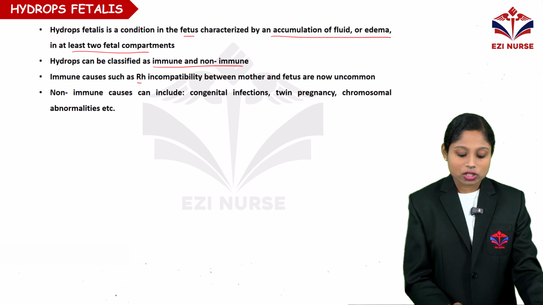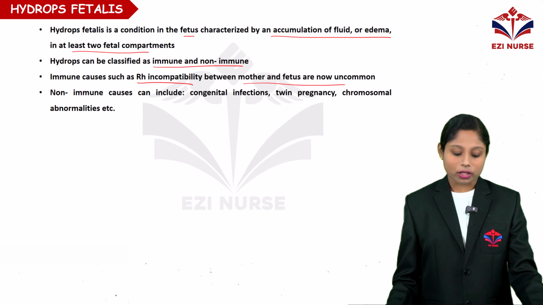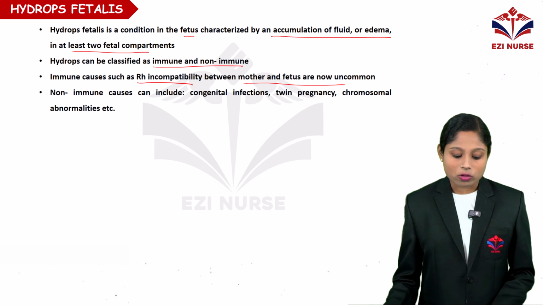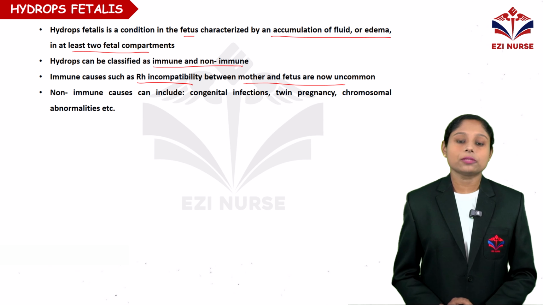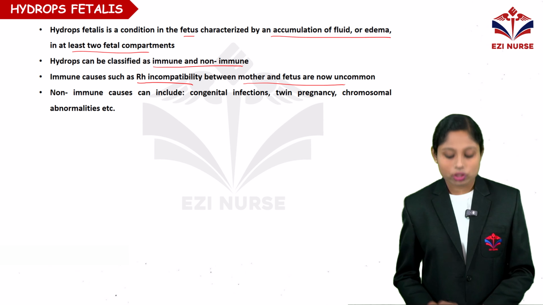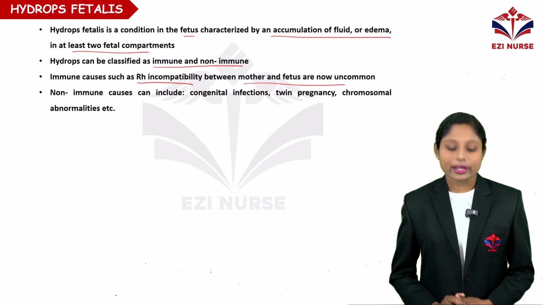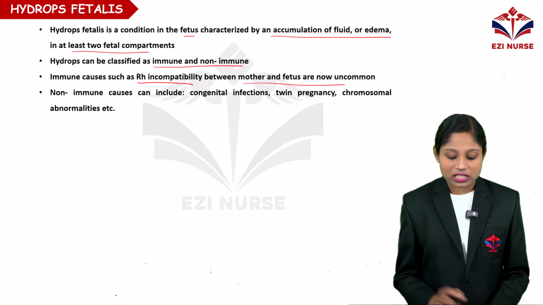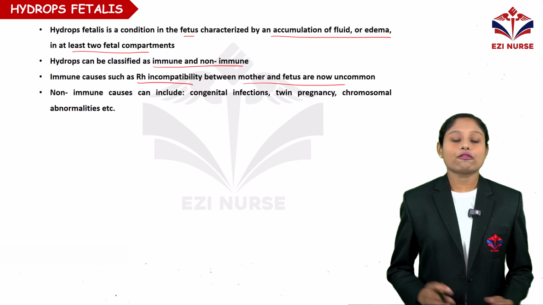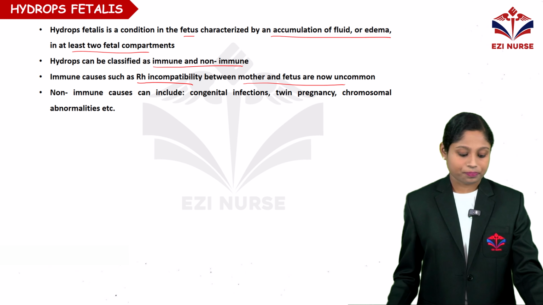Immune causes, such as Rh incompatibility between mother and fetus, are uncommon. Non-immune causes include congenital infection, twin pregnancy, and chromosomal abnormalities. So, this is hydrops fetalis, a condition of the fetus characterized by accumulation of fluid in at least 2 compartments of the fetus.